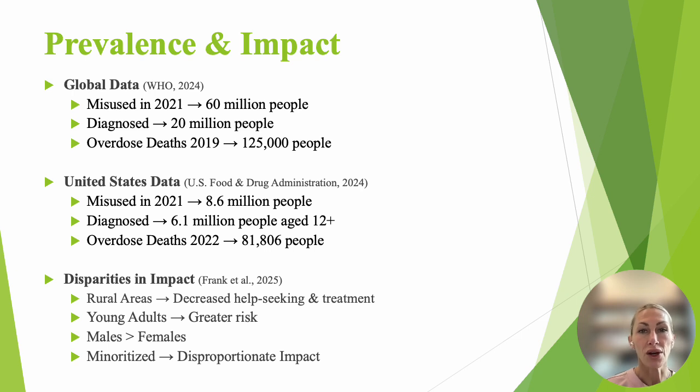Young adults are also at higher risk compared to other age groups. Males are more affected than females, and minoritized populations face a disproportionate severe impact due to systemic barriers, which we'll talk about a little bit later.